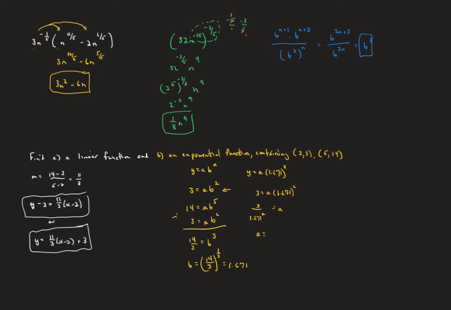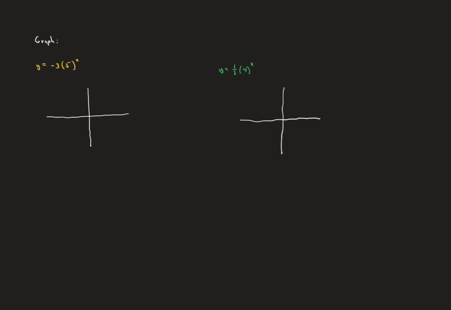And so I'm going to go 3 divided by, I'm going to go up arrow and capture that 1.671099312, and then square that, and then hit enter on my calculator. So the a, and I'm going to round now to 3 decimal places, I'm getting 1.074. So that makes our equation 1.074 times the 1.671 to the x power.